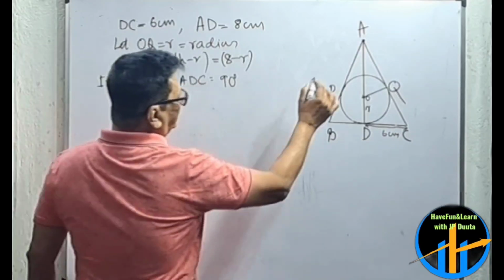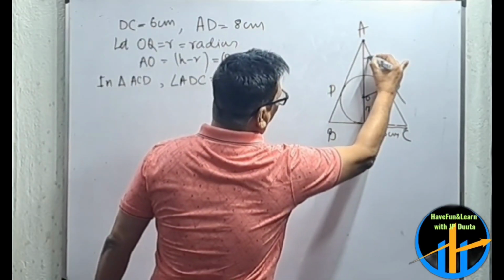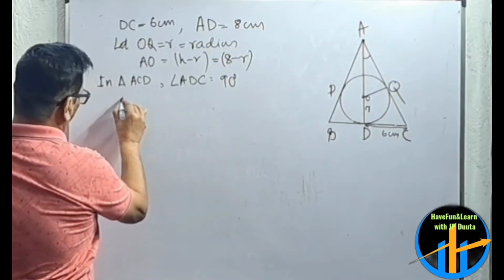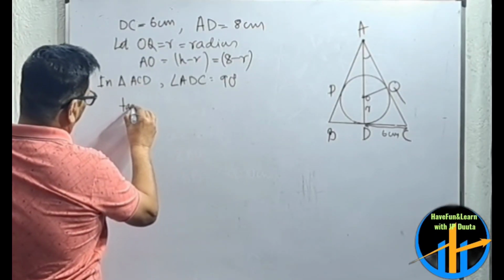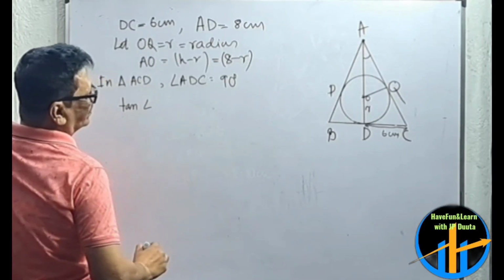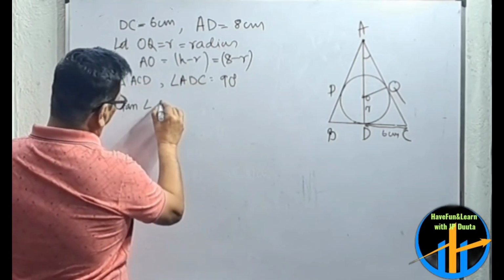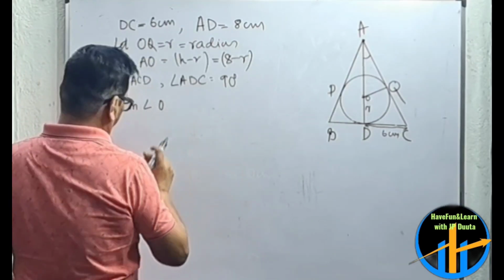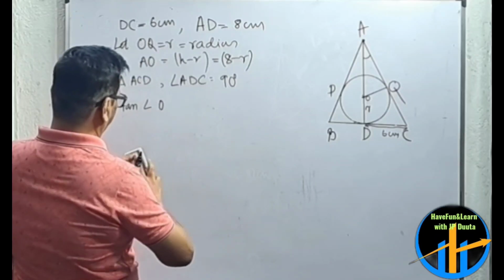Now see, we take the tan of this angle OAQ or DAC.